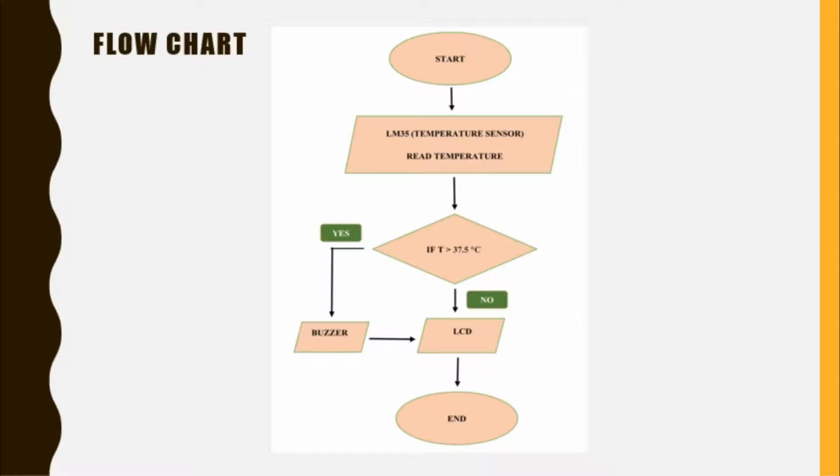Then after 5 seconds, the LCD will be turned off. When the body temperature is high, which is more than 37.5 Celsius, the buzzer will produce a beeping sound and the LCD will display the temperature reading for 5 seconds, and after that, it will be turned off. Then the system will loop back to the input for detecting purposes.